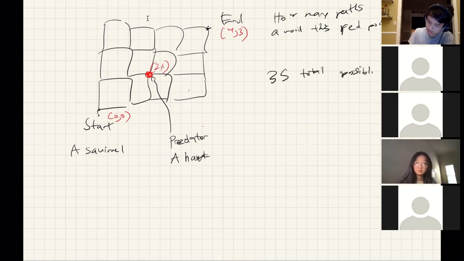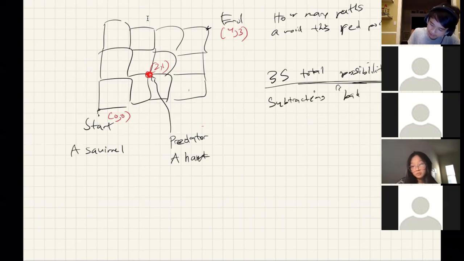For this problem, we're going to think about complementary counting. So we're starting with the total, which is 35 total possibilities, and you're subtracting the bad paths, the paths that would lead you to get eaten by whatever is at the red point.